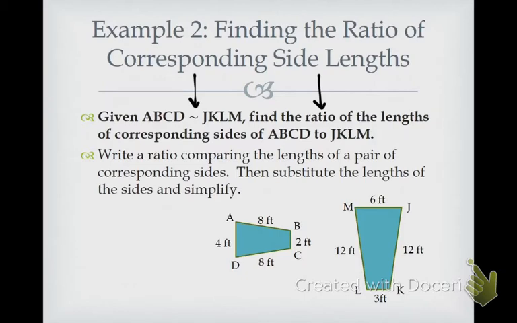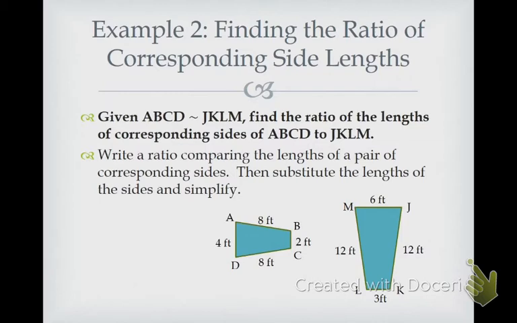So here's what you need to do. You need to find a pair of corresponding sides in these figures. Can anybody give me a pair of corresponding sides in the figure? Janie? Well, you need one from one figure and one from the other for them to be corresponding. AD and then MJ. Okay, very good.